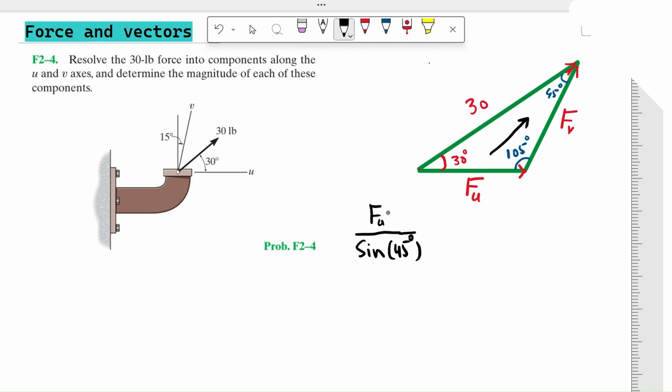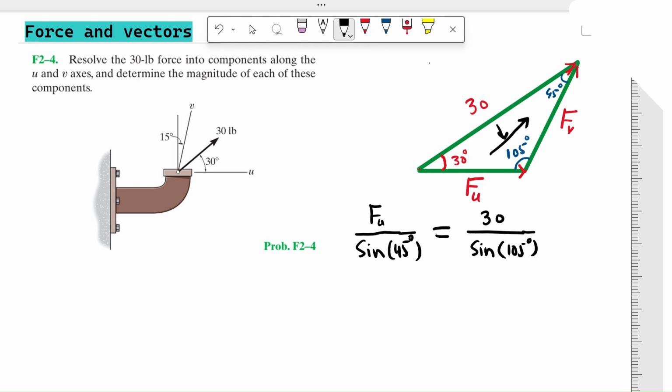It means that force divided by sine of its opposite angle will be equal to another force. I will be taking 30. This is also a force, the resultant force, divided by sine of its opposite angle. So the opposite angle of this 30 force is 105 degrees.